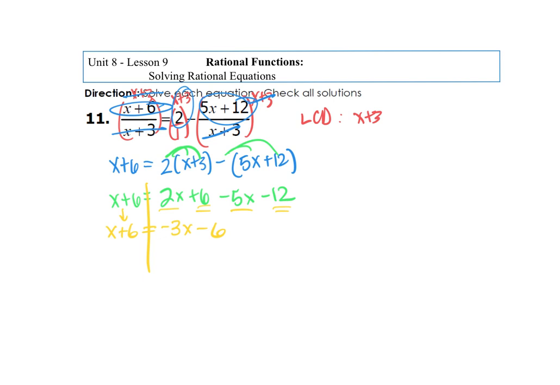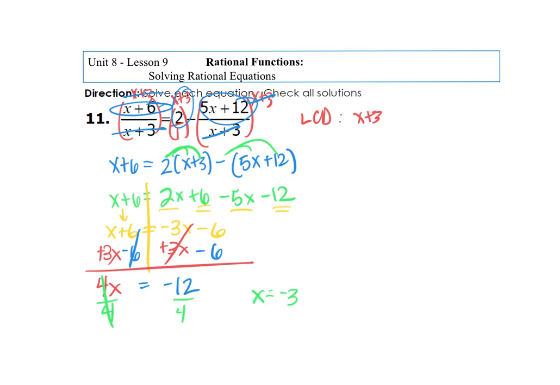Because it's linear, we're going to move our x's to the left, so I'm going to add 3x to the left, and we get 4x now. We're going to subtract 6 over to the right, and we get negative 12, and then divide both sides by 4. And we get an answer of negative 3.